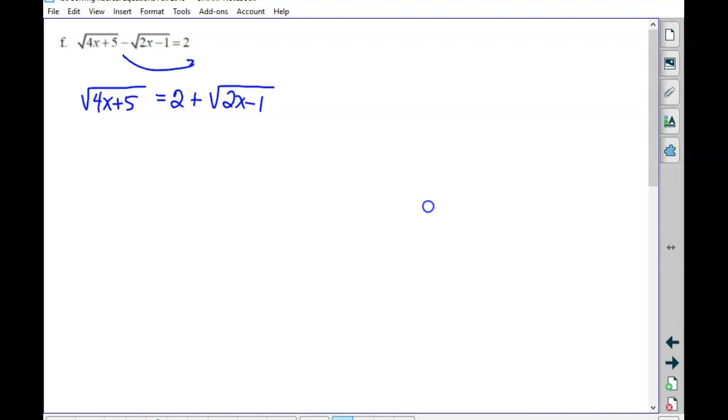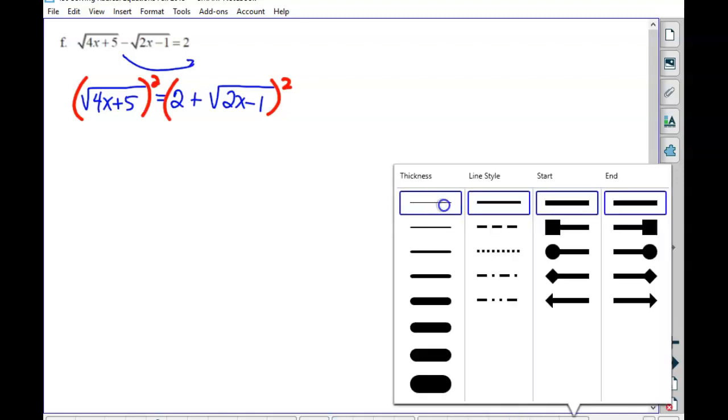Then square both sides. Biggest thing to remember here is this is 2 terms. So when you square this right side, you get 3 terms. First term squared, product of the 2 terms doubled, last term squared.